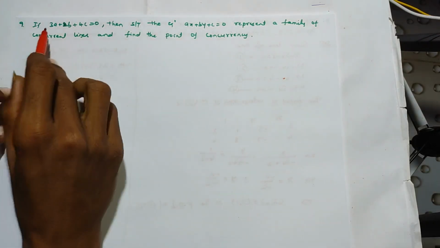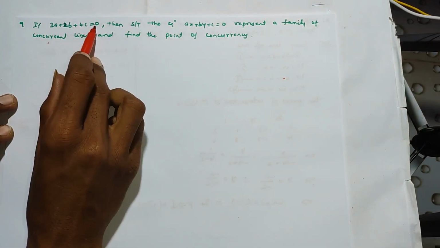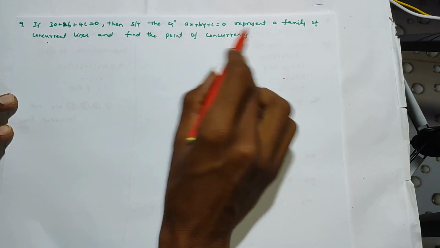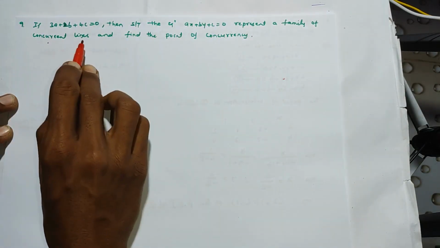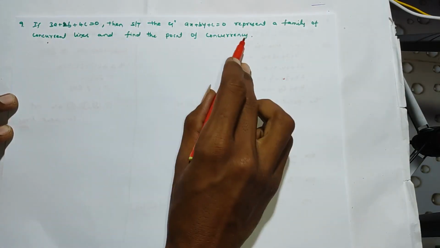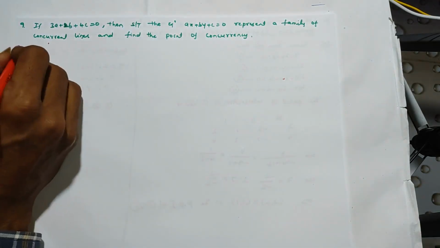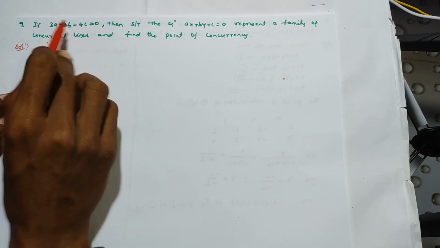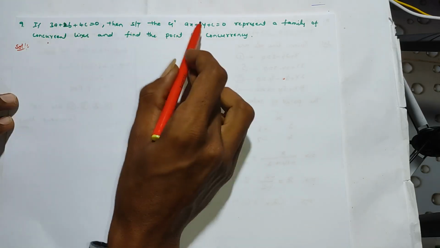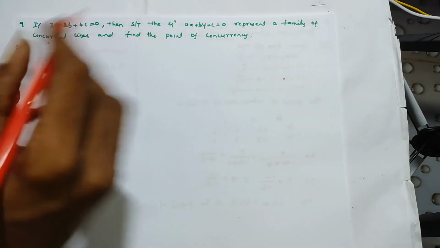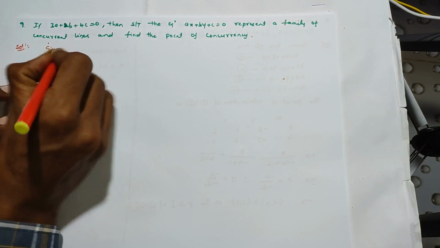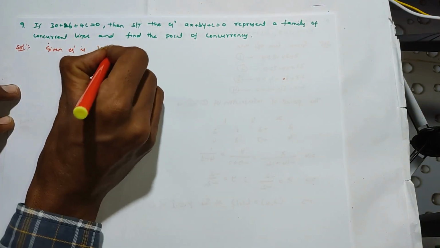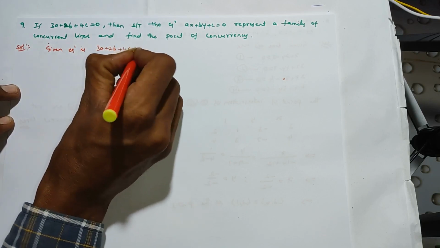Next problem. If 3a + 2b + 4c = 0, then show that the equation ax + by + c = 0 represents a family of concurrent lines, and find the point of concurrency. Solution. To find the point of concurrency, we have to convert this condition into the form of a line equation. Given 3a + 2b + 4c = 0.